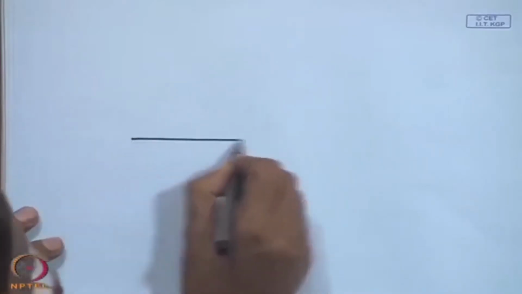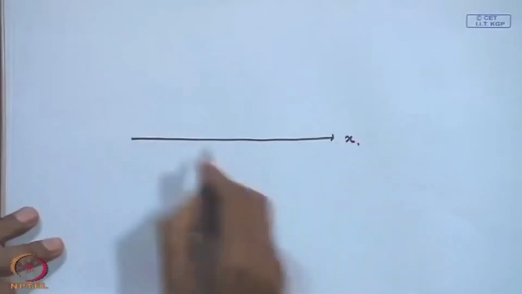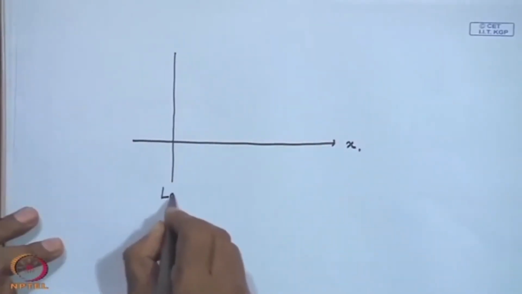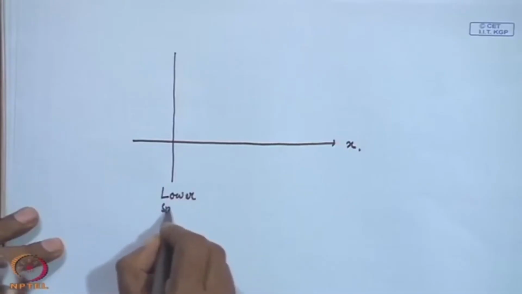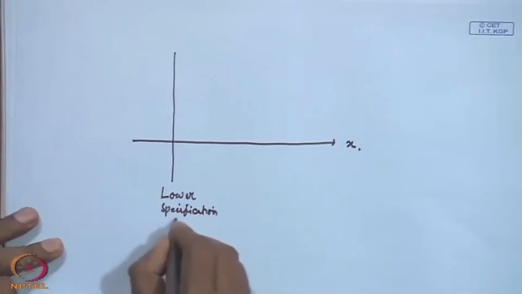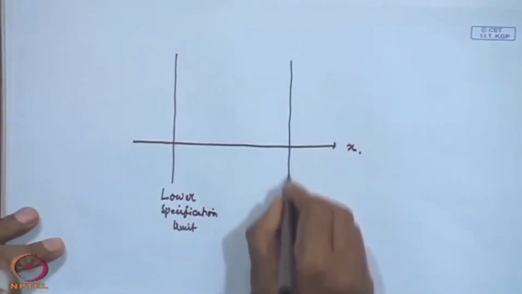Now, what will happen if the customer is not interested in this wide range? For example, suppose this is my quality characteristic X and this is the lower specification limit. I am giving you the physical interpretation, and suppose this is your upper specification limit.